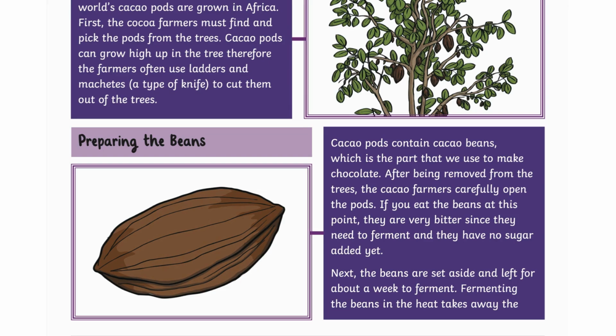Preparing the beans. Cacao pods contain cacao beans, which is the part that we use to make chocolate. After being removed from the trees, the cacao farmers carefully open the pods. If you eat the beans at this point, they are very bitter since they need to ferment and they have no sugar added yet.